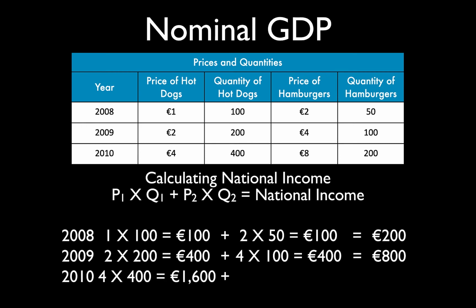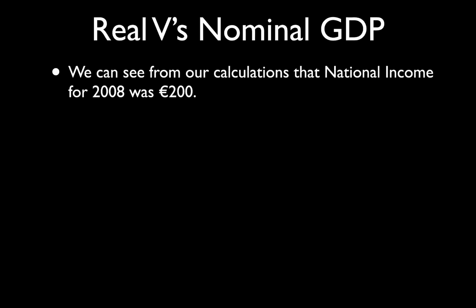And in 2010, we do the same, and again we see prices increase, and again we should realize straight away, there has been inflation, which is a sustained increase in the general level of prices. So that's going to overstate the number that national income gives us. It's going to overstate our ability to consume this year as compared to previous years.